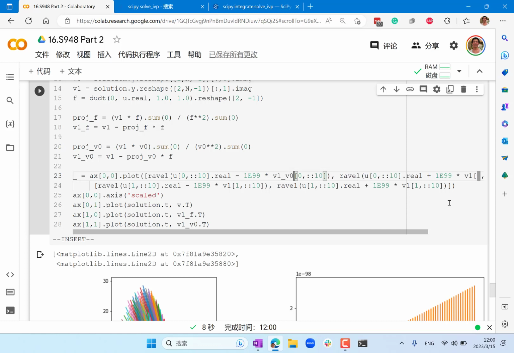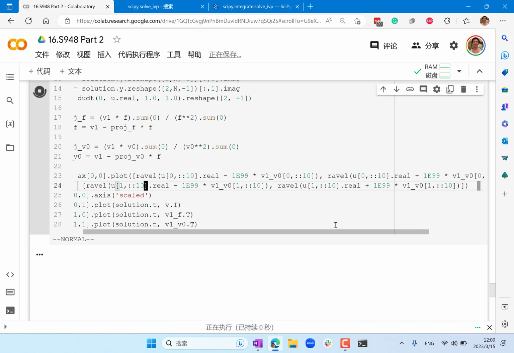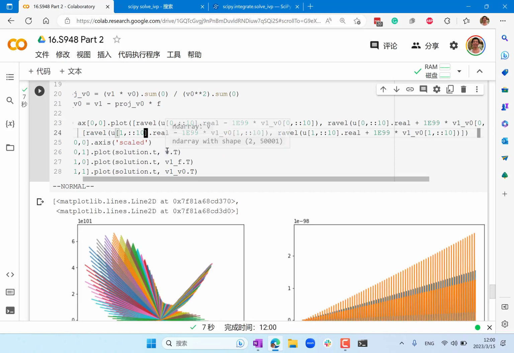Let's visualize the projected out version by v0. Oh, there isn't v dot t. There should be v1 dot t, right?